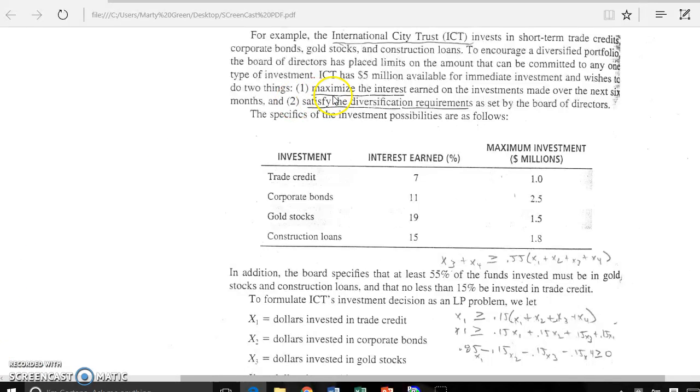First of all, the International City Trust wants to make $5 million available for immediate investment and wishes to do two things: maximize interest. So we already know that we want to maximize our interest. We get 7% from trade credit, 11% from corporate bonds, 19% from gold stocks, and 15% from construction loans.